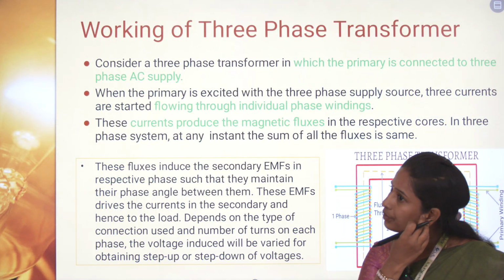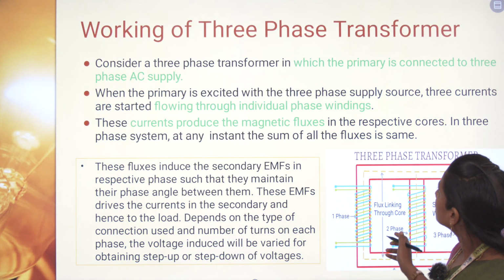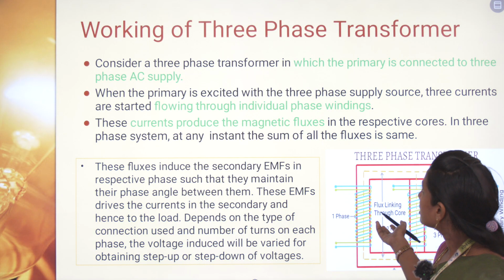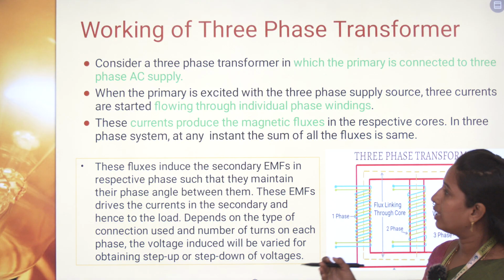Then the working of a three-phase transformer is, the primary winding is connected to the three-phase AC supply.